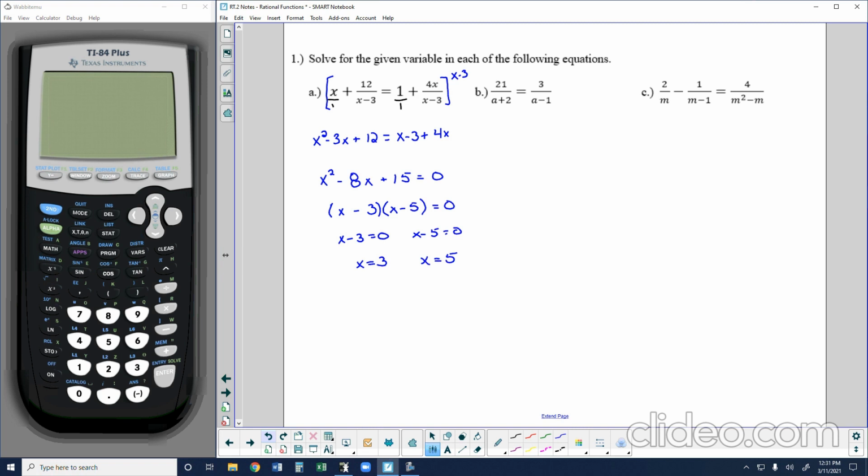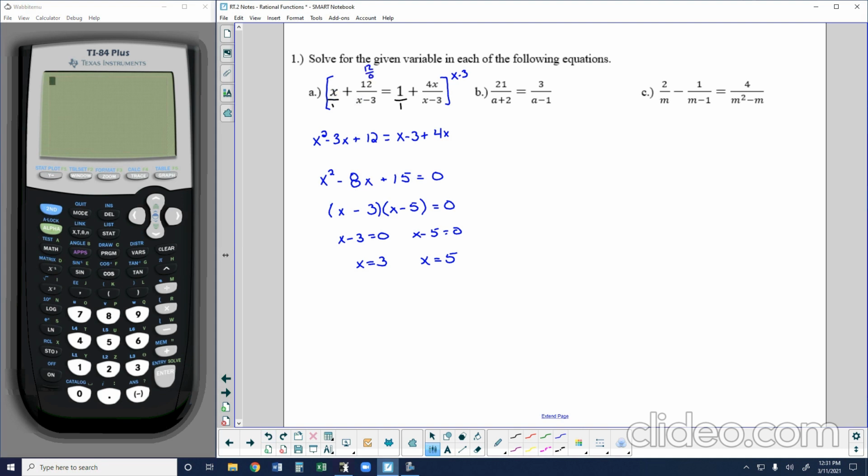But in my second term, I would have 3 minus 3 in the denominator, so 12 over 0, which is undefined. Therefore, 3 cannot be a solution. If I get a solution that would give me a 0 in the denominator, that solution cannot exist.